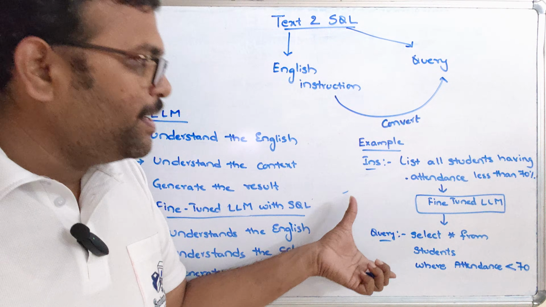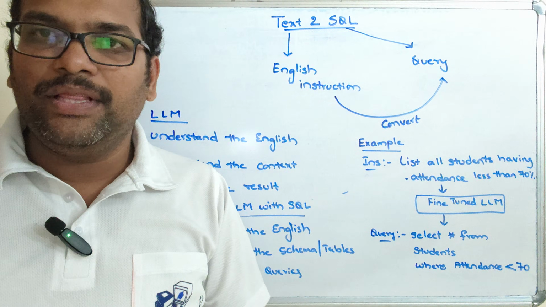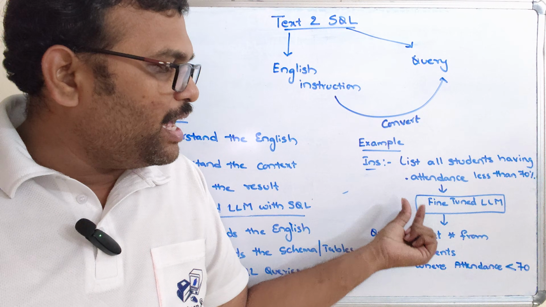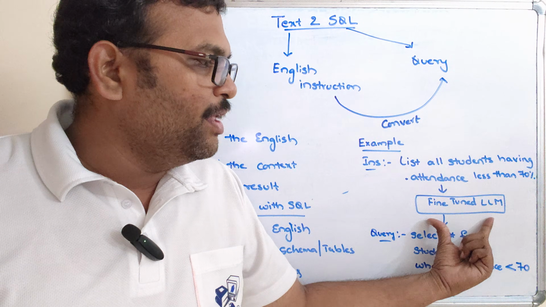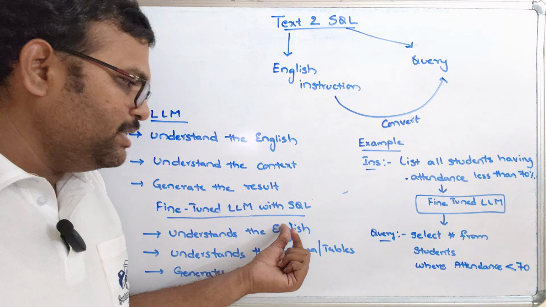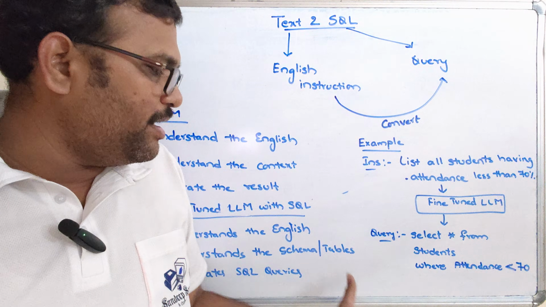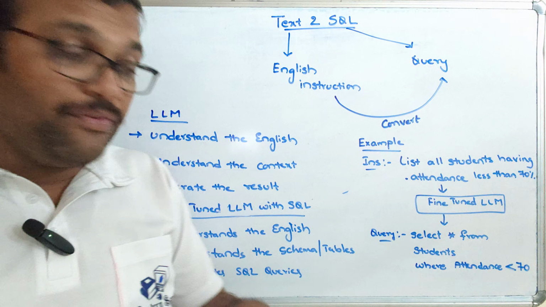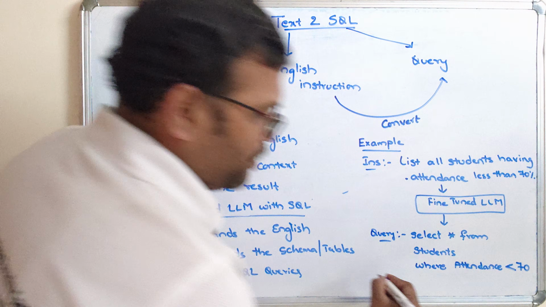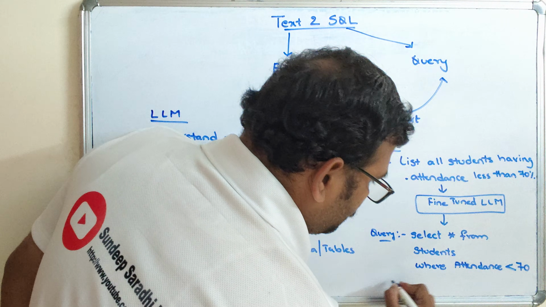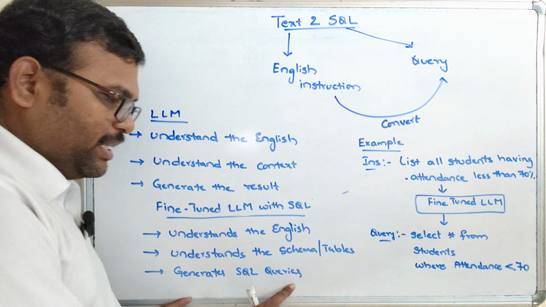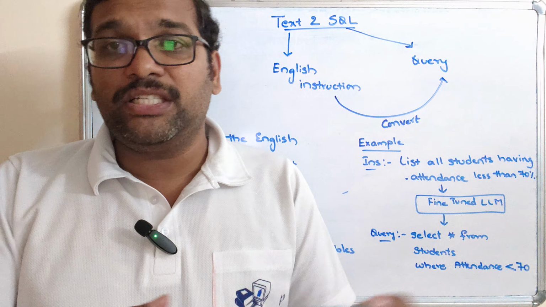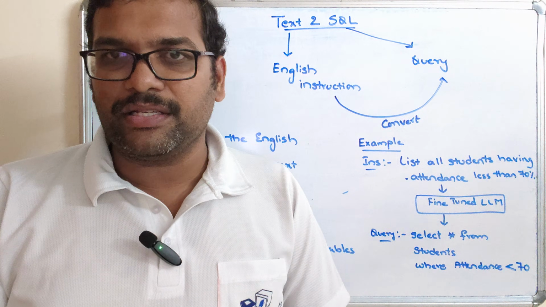Whatever instruction we are giving will be given as an input to the fine-tuned LLM, where it will understand the English and the schema and tables from the database, and finally it generates the SQL query, and finally we'll get the result. The result will be the complete information retrieved from the database.